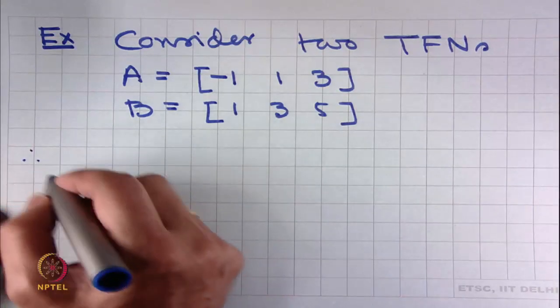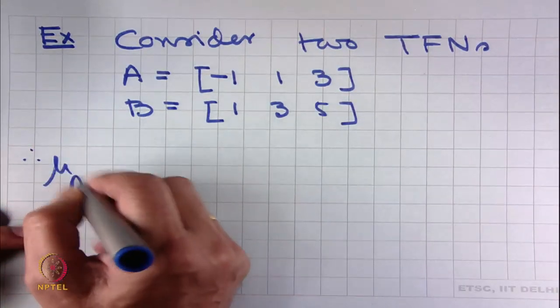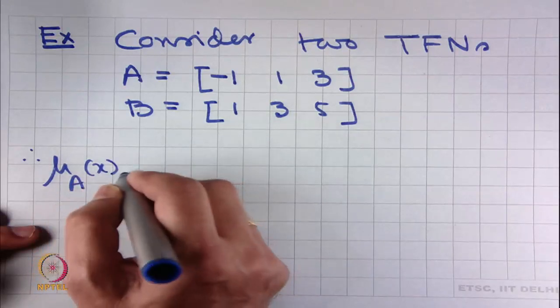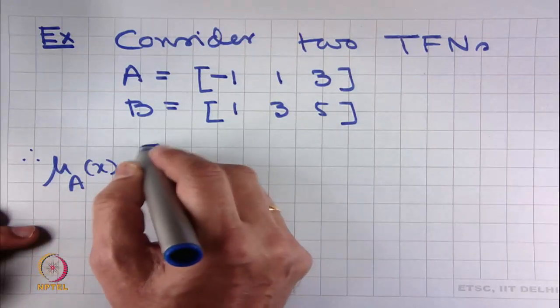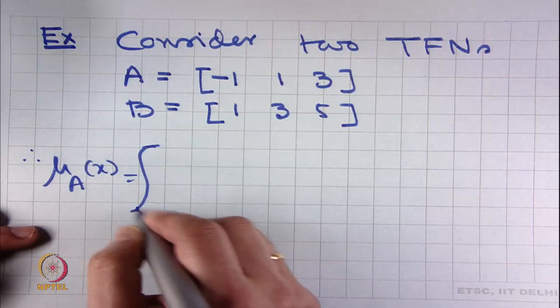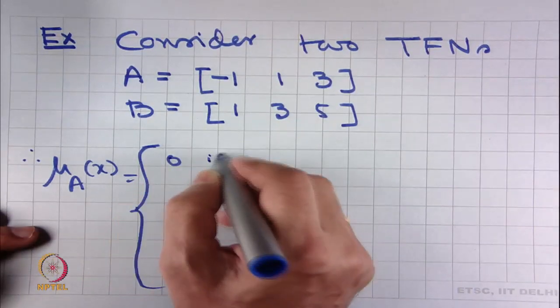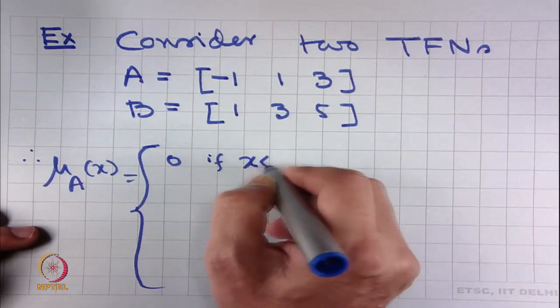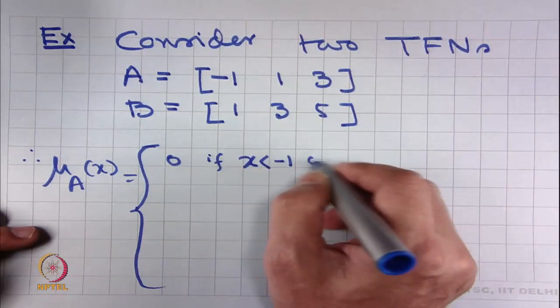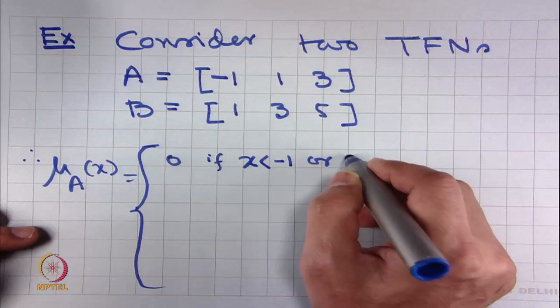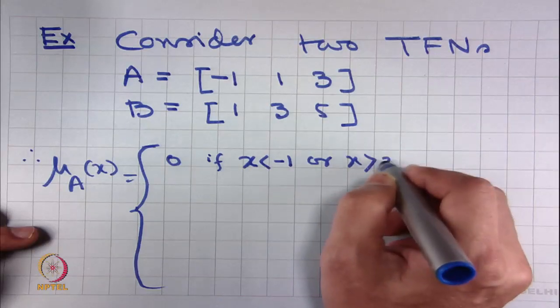Therefore, mu A of x is equal to 0 if x is less than -1 or x is greater than 3.